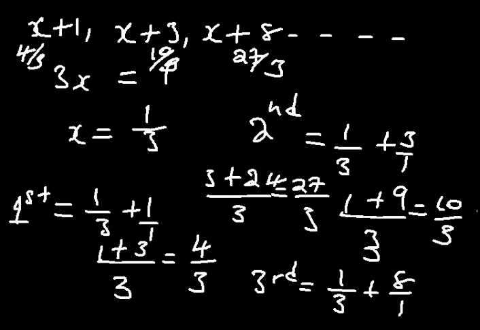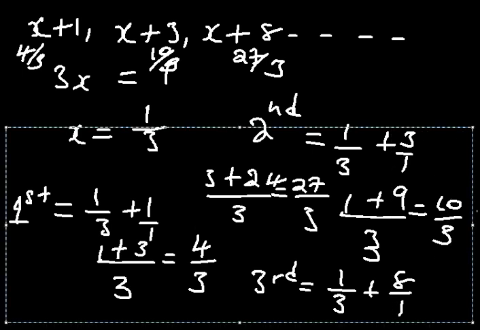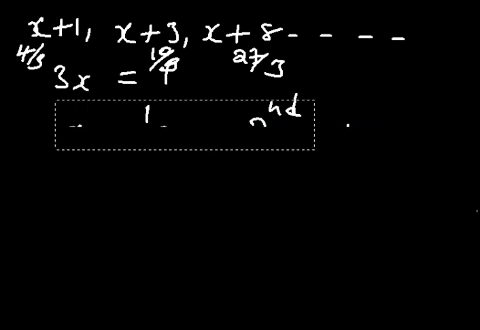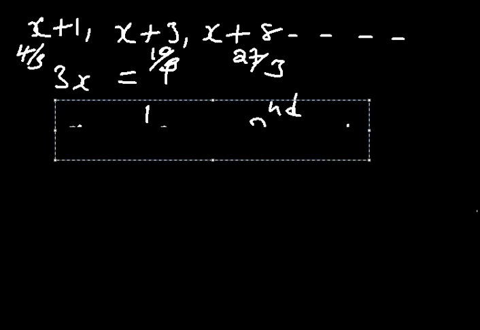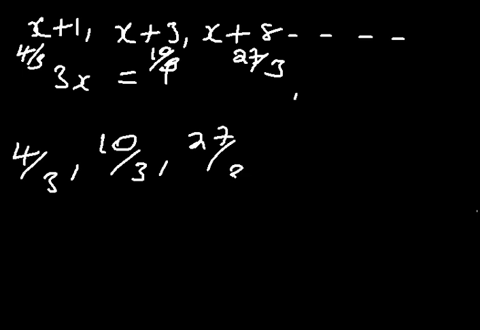So keep that in mind. So which means this is the series that we have: 4 over 3, comma, 10 over 3, comma, 27 over 3.